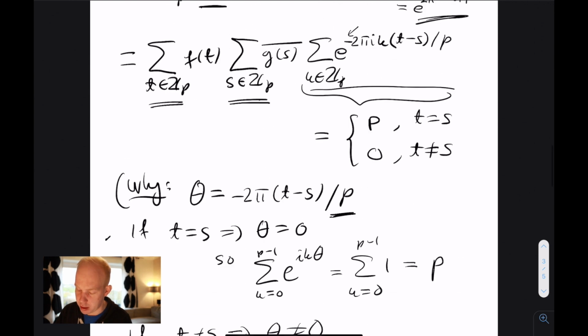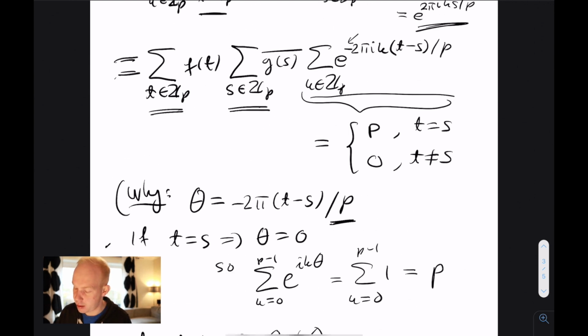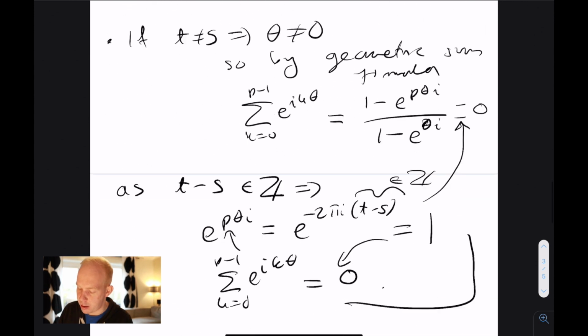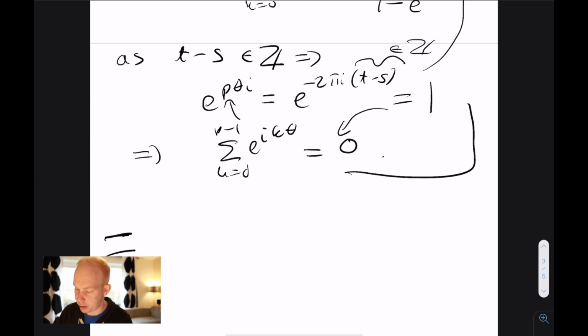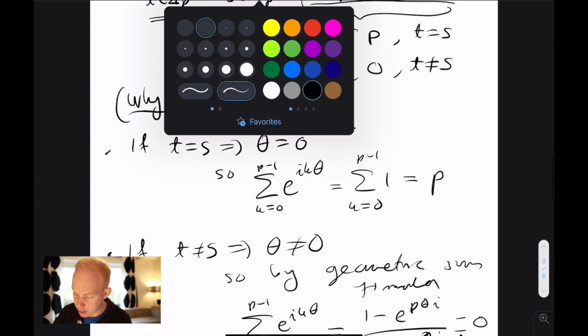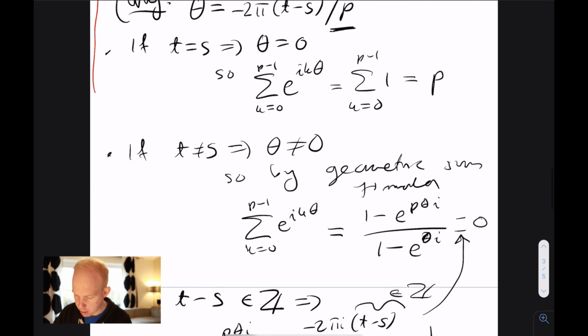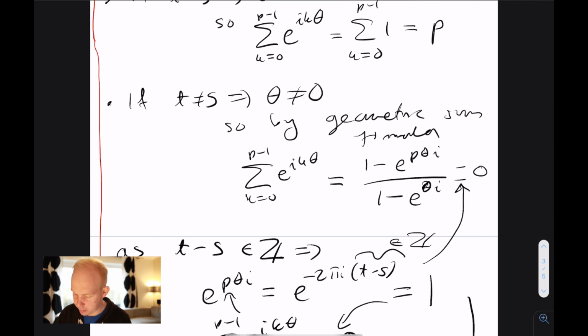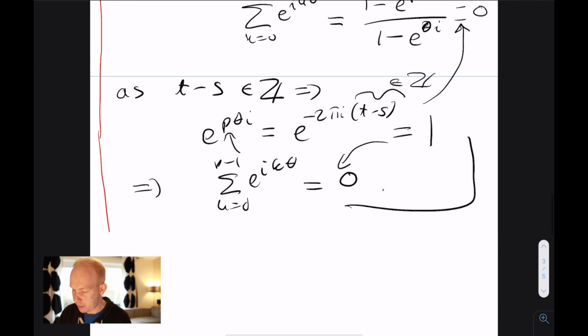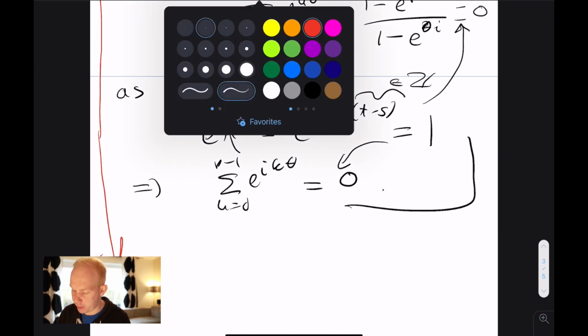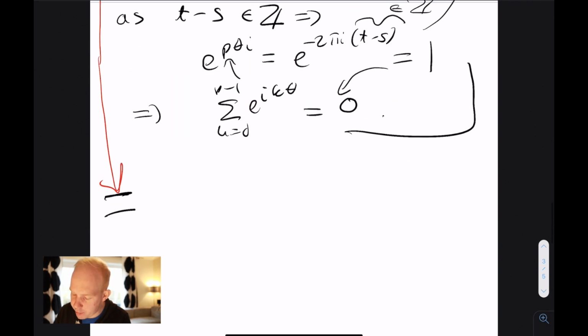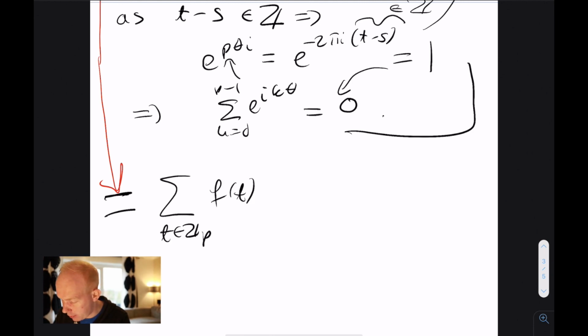So let's continue this expression, going down into here. What we obtain is the sum over t in Z_p of f(t), and then you have the only one expression that remained, which is g of t bar, and then you have p here.